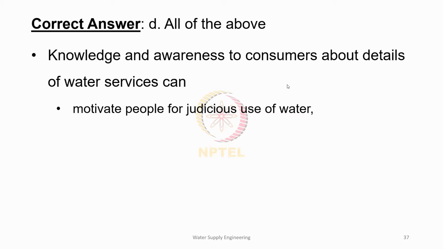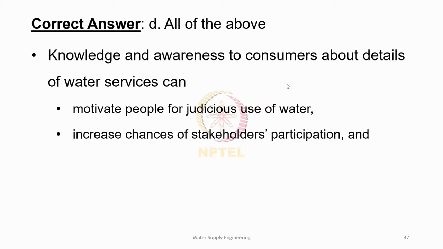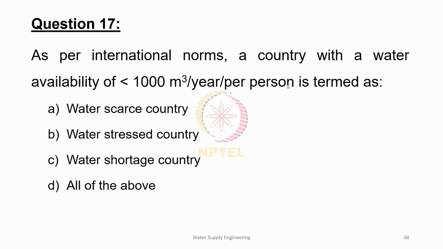They will be motivated for judicious use. Also, it will increase stakeholders' participation, as well as enhance people's trust in water utility, because everything is transparent, right from governance to the source of supply. If it is transparent, it will increase people's trust as well.